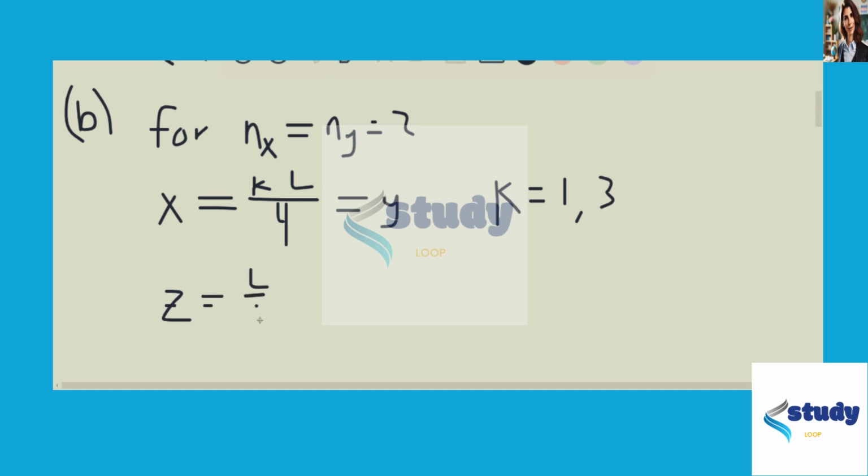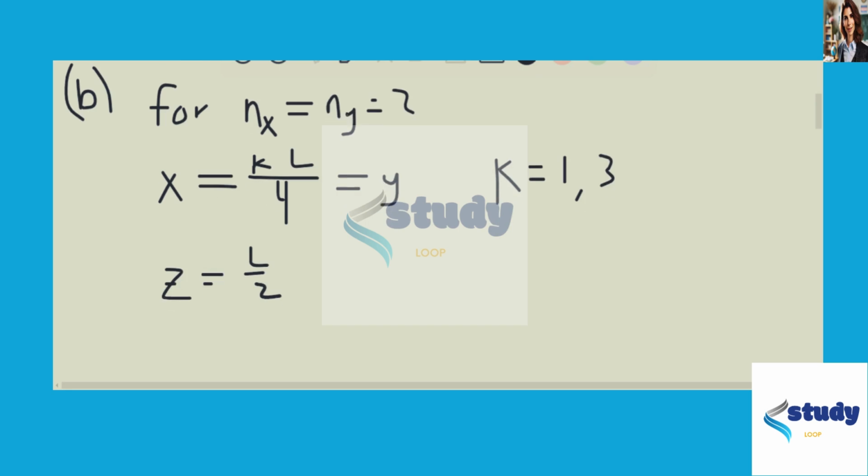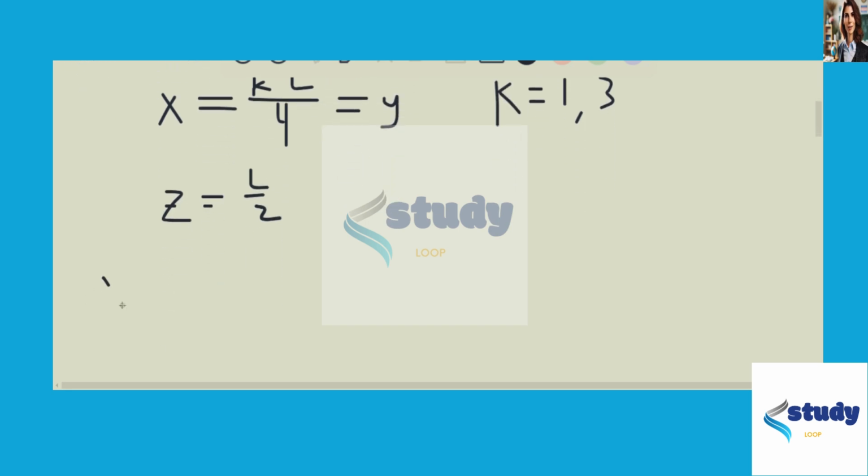So for the possible solutions, there are going to be several. One of them, k is equal for x and y, so this gives L over 4, L over 4, L over 2.